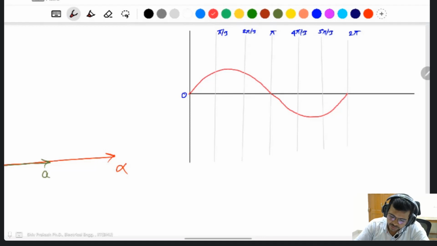Y starts 120 degrees apart. So Y, B, and we started from here.